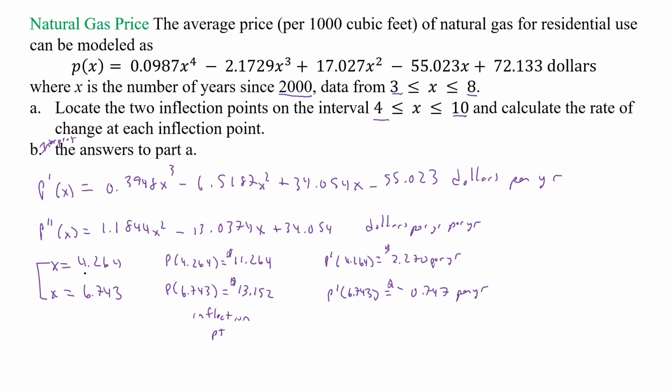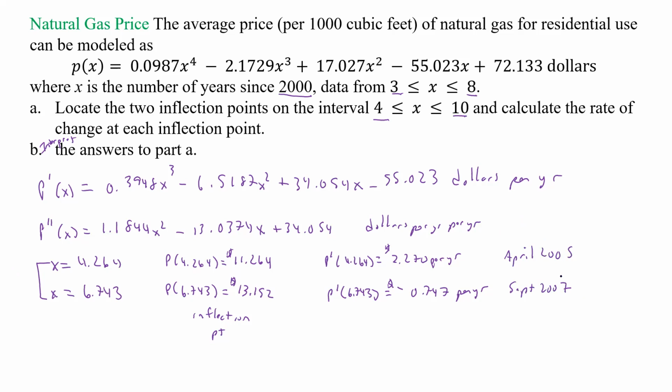This was going to be 2000 plus 4, 2005, and this is 0.246, so it looks like April 2005. And this one is going to be in September of 2007.